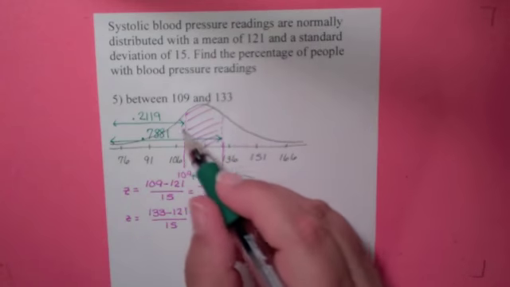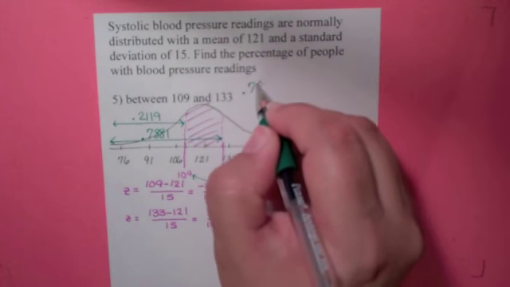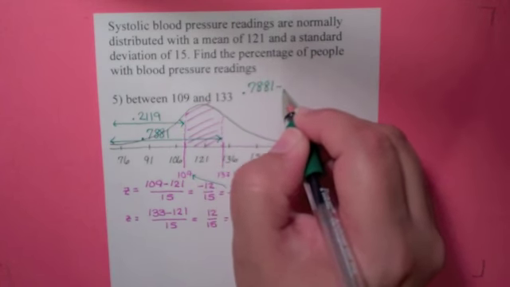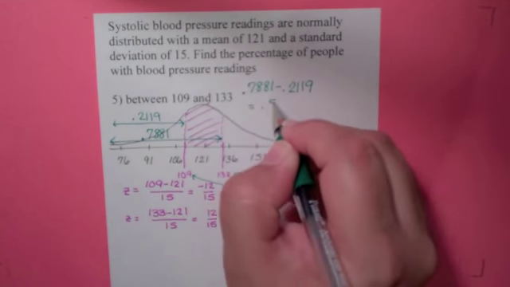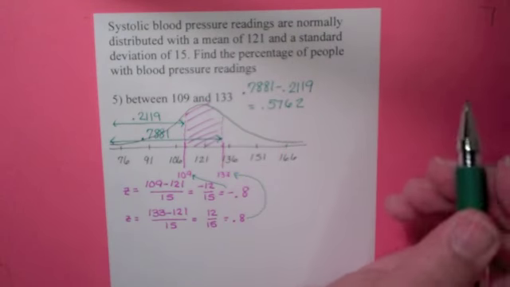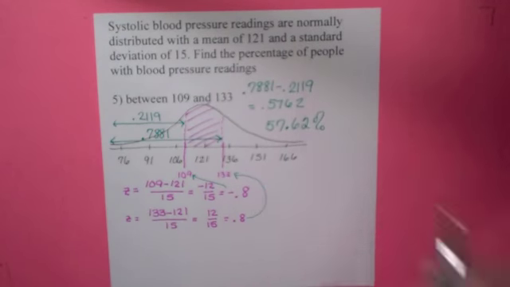And if you see between these two, I'm going to have to subtract to find my answer. So 0.7881 minus 0.2119, which is 0.5762, and in percent, 57.62%.